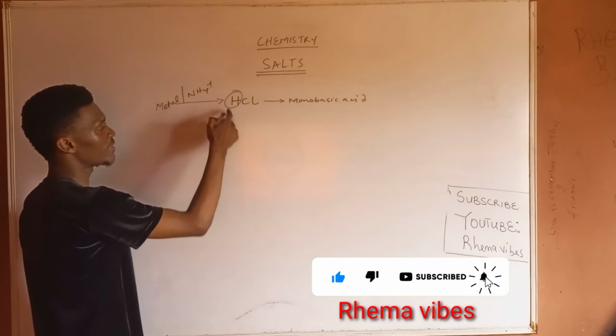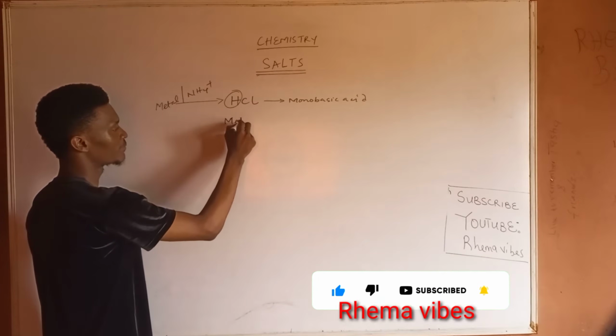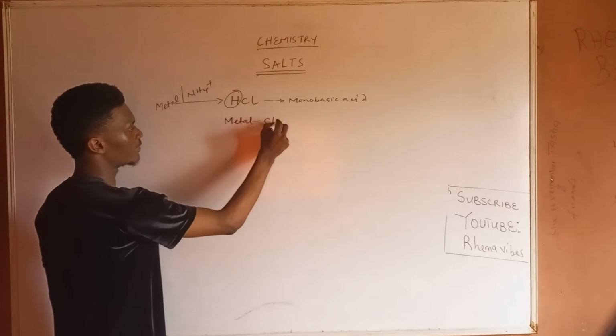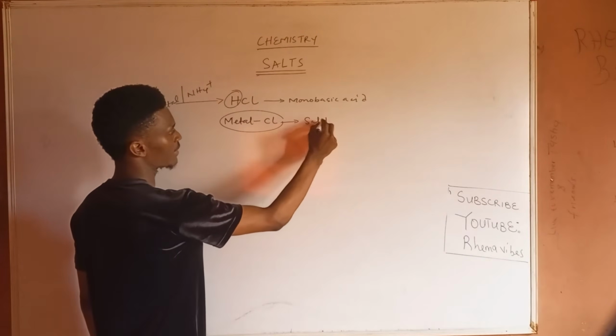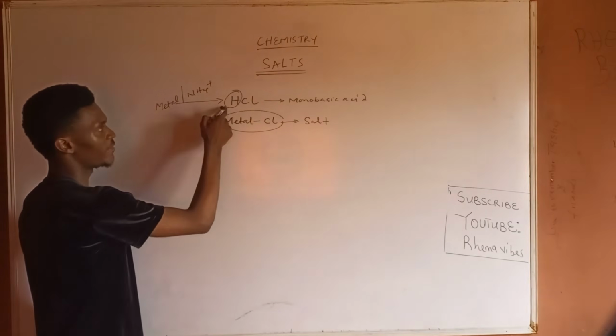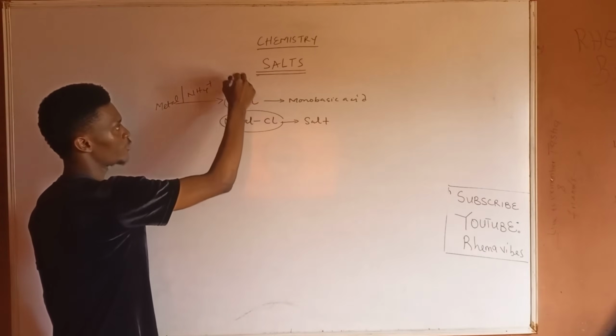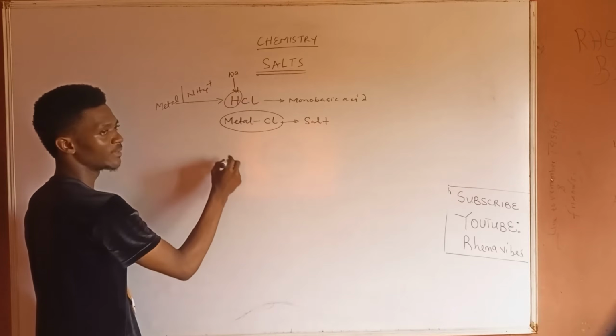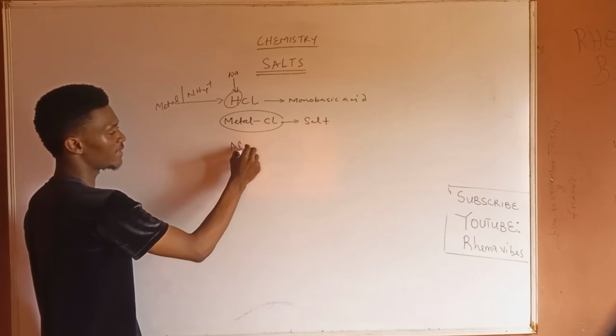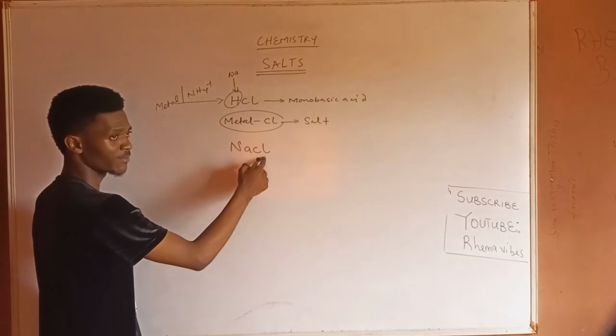So if I replace this H here with a metal, then Cl, this is now classified to be a salt. Now, if I replace this with a known metal, let's say sodium, and I replace this H with sodium, then it ends up giving me NaCl. So this is a salt.